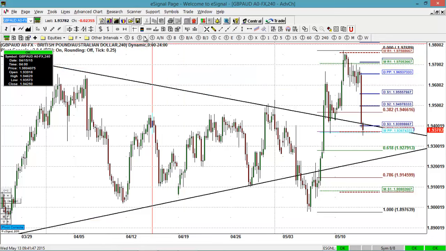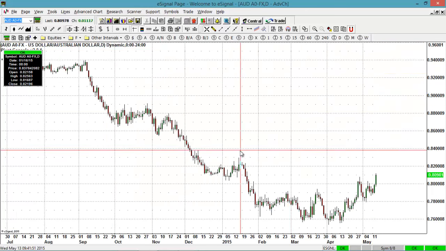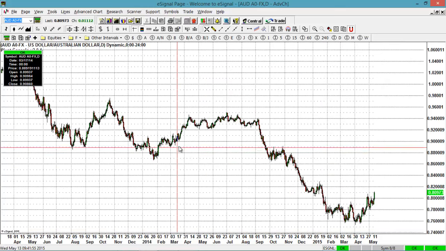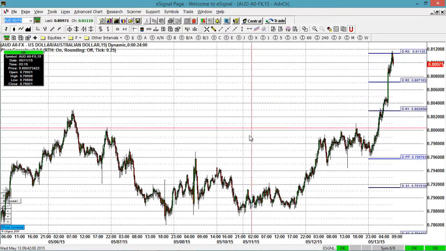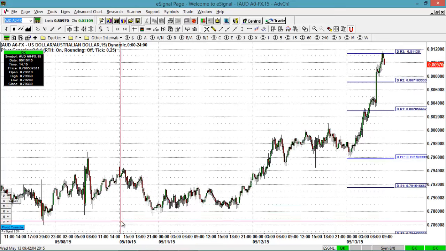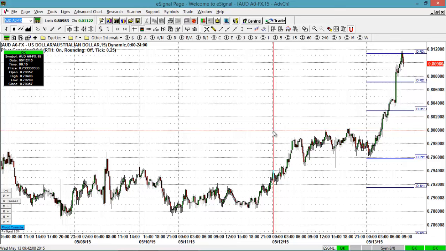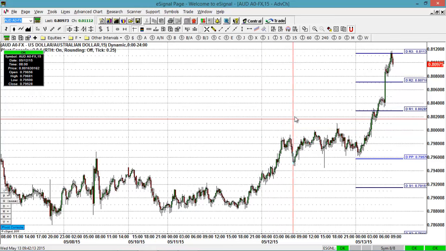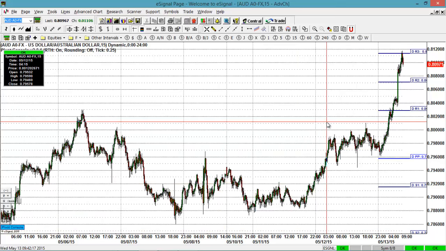Okay, taking a look at the Australian dollar, it's up on the day pretty significantly. Earlier on the 15-minute chart, we saw that the market took out this area of resistance at the 80 level, and the market took off since then. That would be an example of buying the highs.